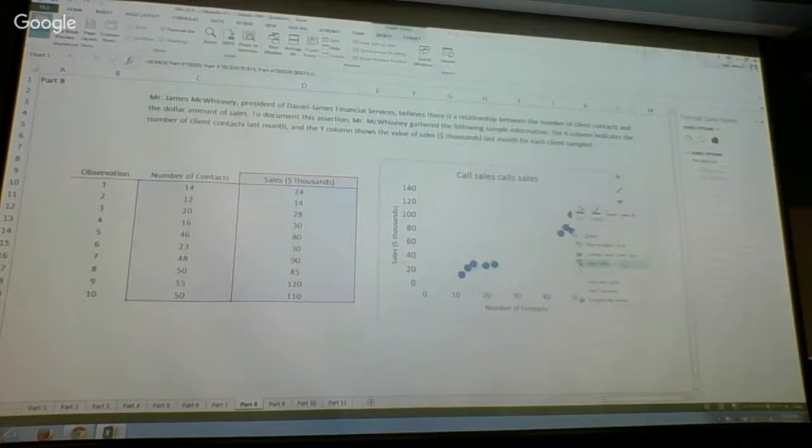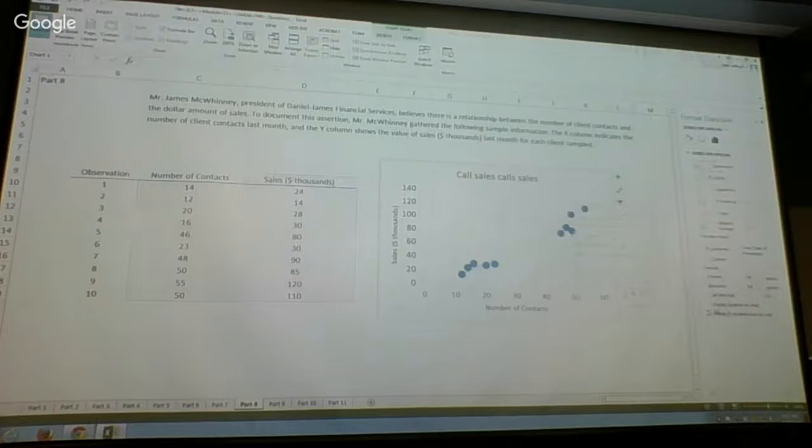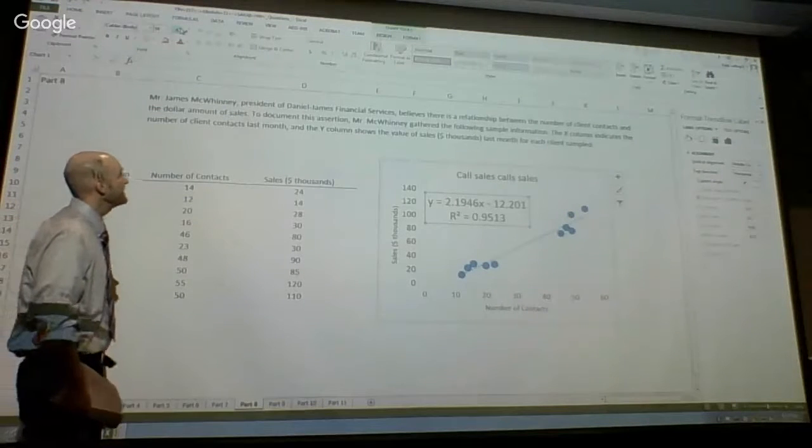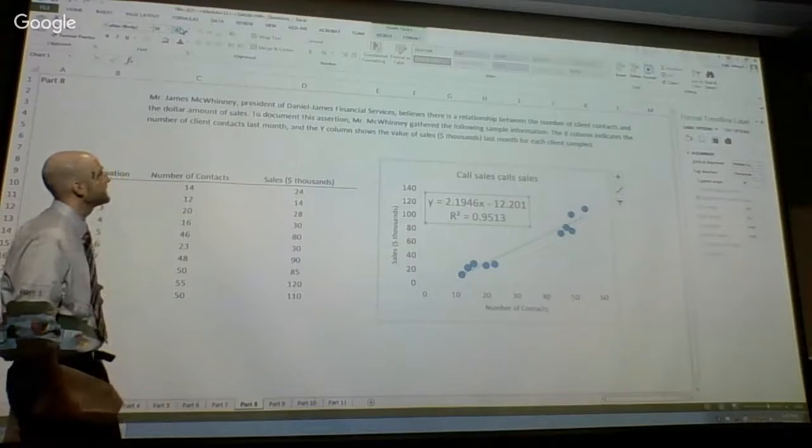I'm going to curse the fact that I don't have a mouse. Oh, that's a pretty big R squared right there. Looks like whatever's happening is pretty important. All right, sales calls. Part 8. Mr. James McQuinney, president of Daniel James Financial Services.